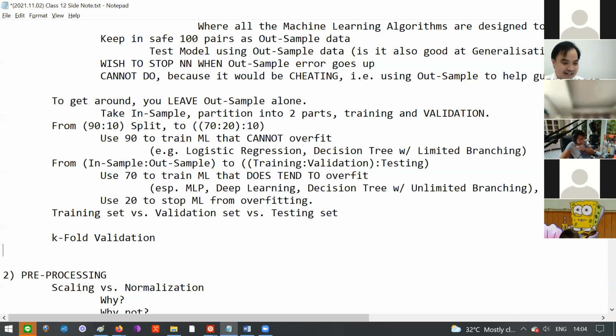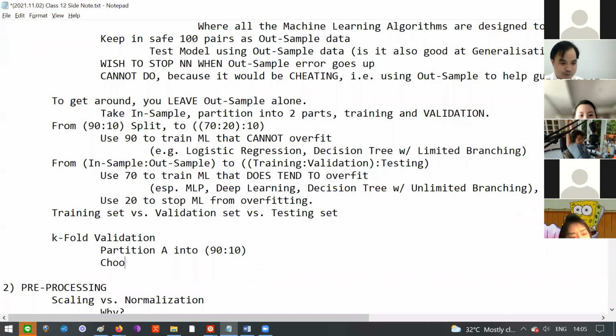In other words, it's something like this: partition A into A1 and A2, something like 90% and 10%. The point is that K-fold means you can choose K different locations of the 10.